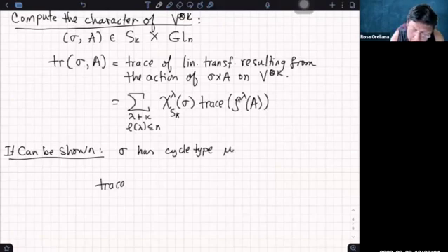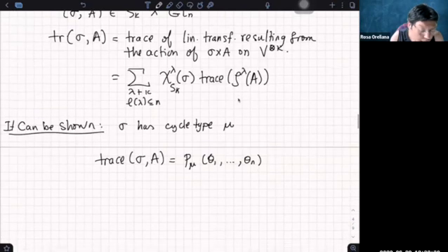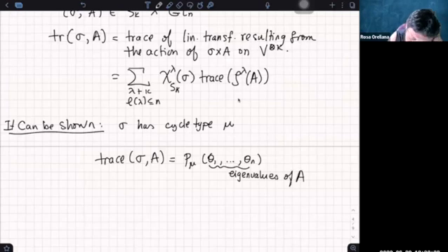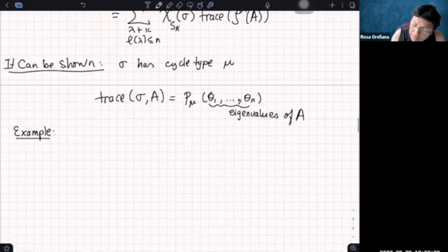It can be shown that the trace of σA is equal to the power symmetric function p_μ, where these right here are the eigenvalues of A. Since I'm skipping the argument here, if we have time, I can show it at the end, but maybe I do an example.